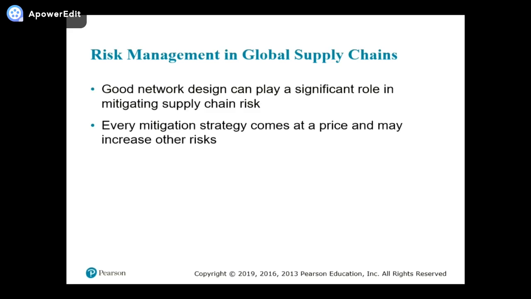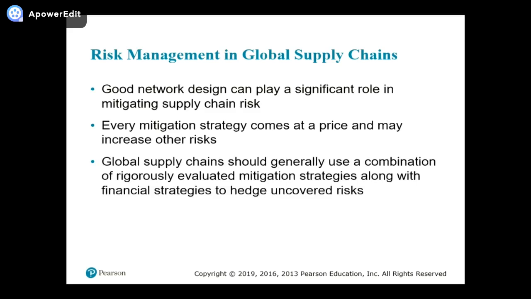So we need to consider all different aspects and trade off what is the most important thing. And global supply chains should use a combination of different strategies, along with financial strategies to hedge uncovered risks.